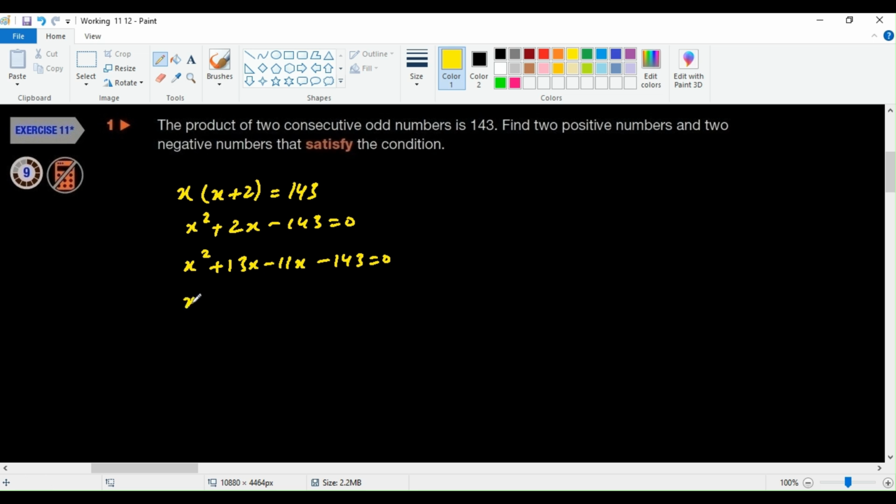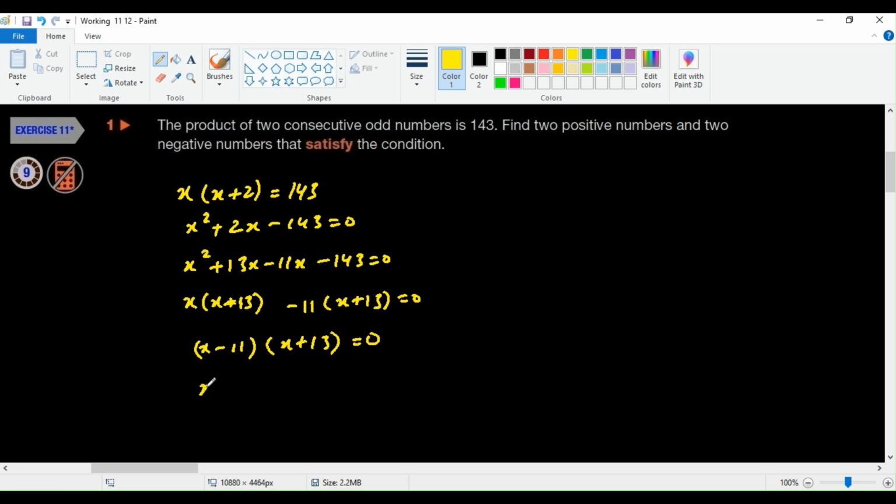Here we can see x is common, and we'll copy down this x plus 13 two different times, and minus 11 is going to be over here. So x minus 11 and x plus 13 are the two factors that give us x square plus 2x minus 143.